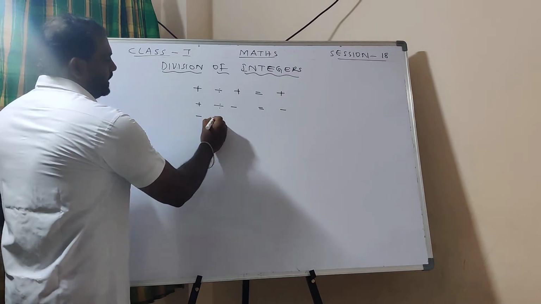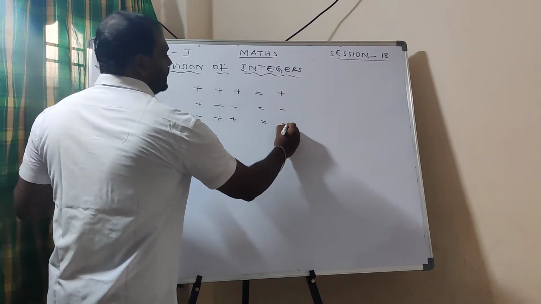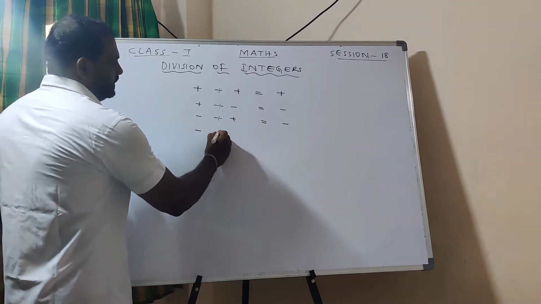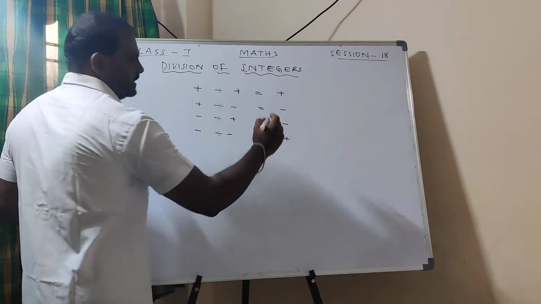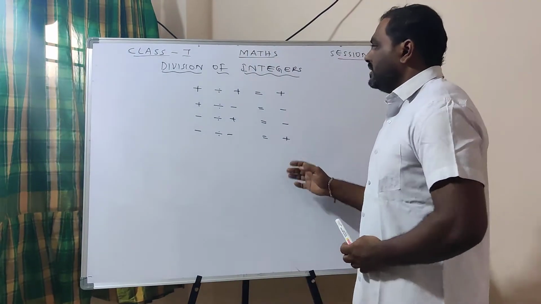The third one is when a negative integer is divided by a positive integer, you will get a negative integer. And the final one is when a negative integer is divided by another negative integer, you will get a positive integer. So this is the main formula you have to remember.